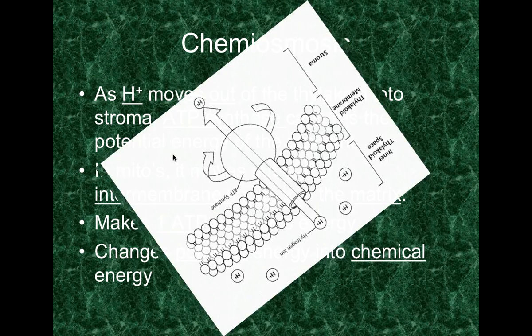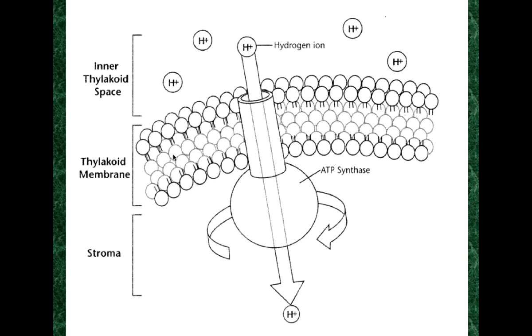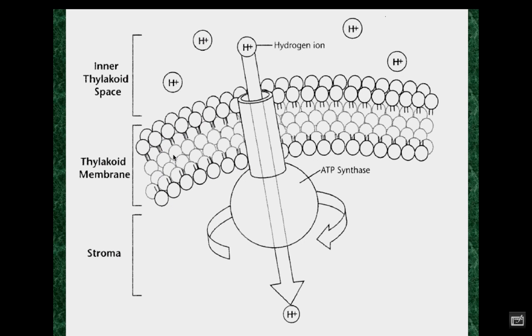So let's take a look at the process of chemiosmosis. Now, I'm not going to read the stuff up top because it relates to photosynthesis. But what I want to do is I also want to draw the parallels here with cellular respiration, because the labels here on the left-hand side are set up for photosynthesis. So the inner thylakoid space is basically on the inside of, if we think of a granum, we're talking in here, okay?